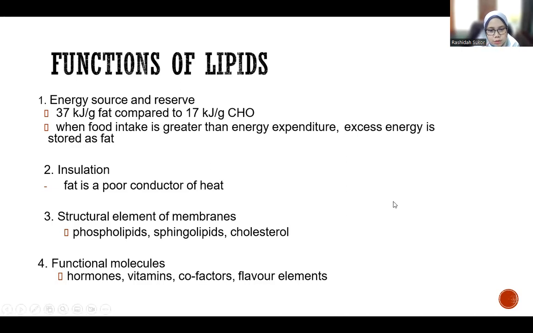So you can actually feel the difference. For example, take a curry puff. You fry it in oil versus the one done in an air fryer. Which one tastes better? Of course the one fried in oil, because oil, other than contributing to the energy source, also contributes to the flavor.